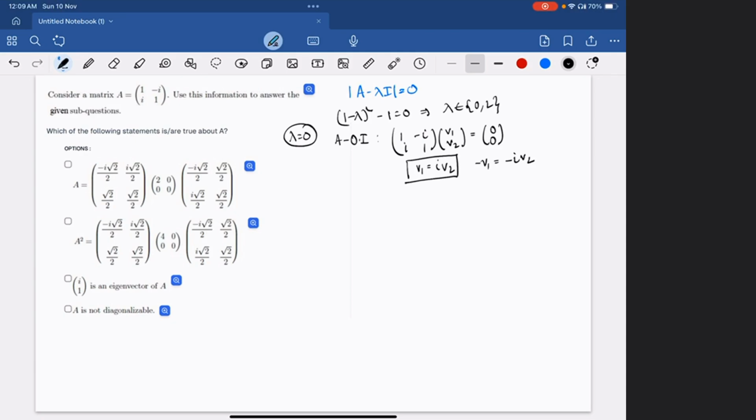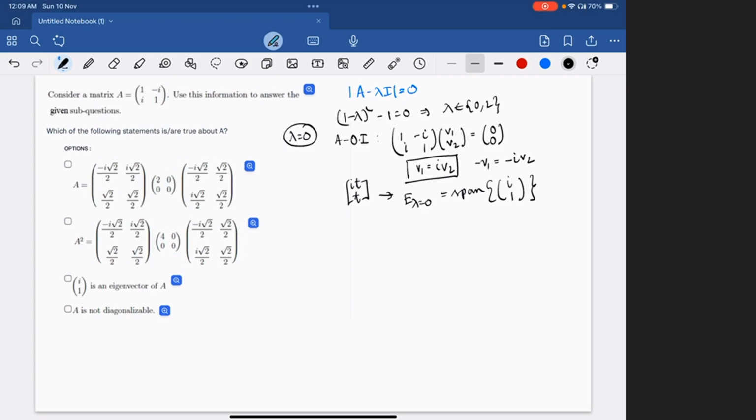So what will be the eigenvector? The eigenvector will be such that the second component can be anything. Let me call that t, but the first component has to be i times the second component. So this should be (it, t). This means the whole eigenspace of lambda equal to 0 is nothing but the span of (i, 1), right?